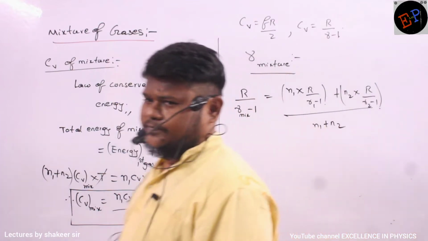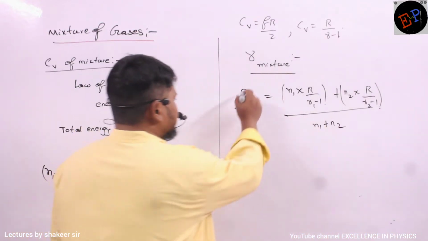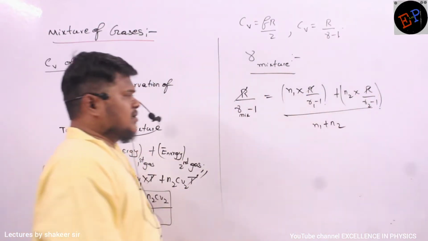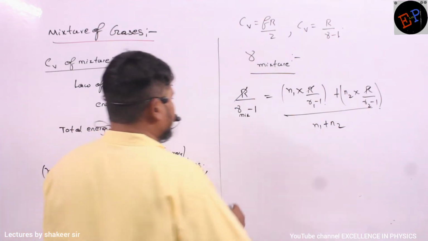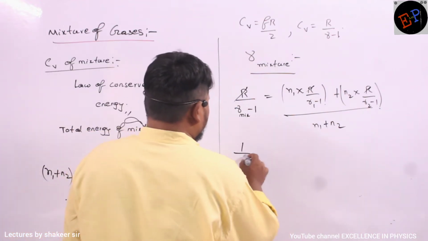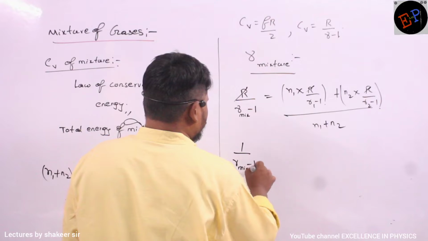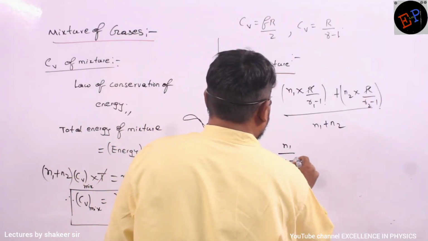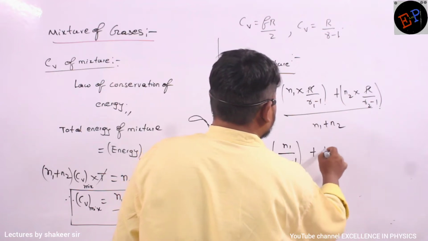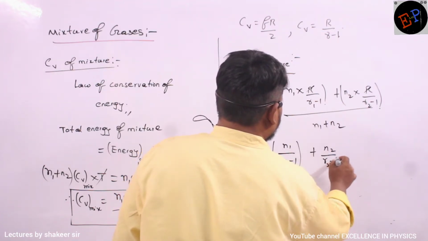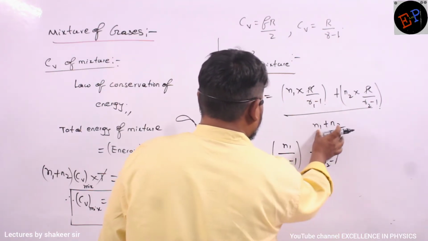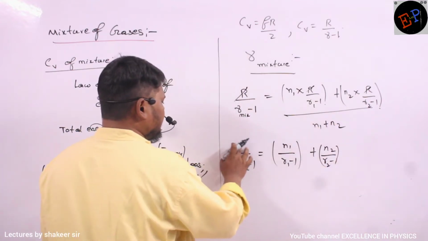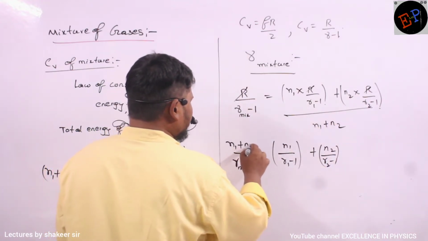Therefore, if you cancel the R values, I get 1 by gamma of mixture minus 1 equals n1 divided by gamma 1 minus 1 plus n2 divided by gamma 2 minus 1, divided by n1 plus n2. This n1 plus n2 I can take to the numerator also.